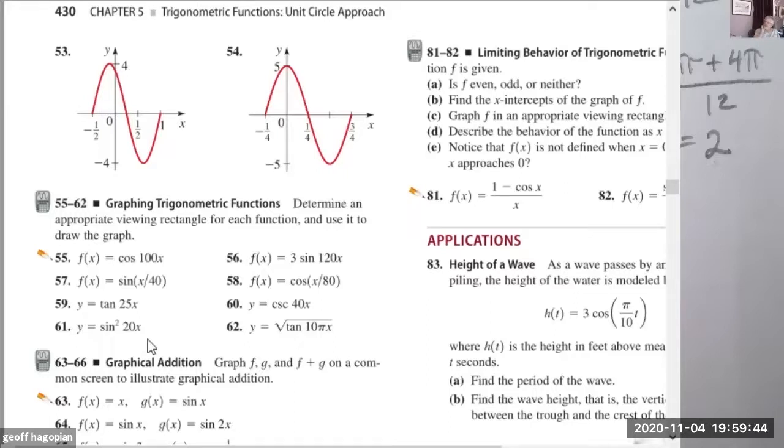So let's do one of these. How about number 56 there? So you've got 3 times the sine of 120x. So what would an appropriate viewing rectangle look like? Let's go to pencil and paper for a second.